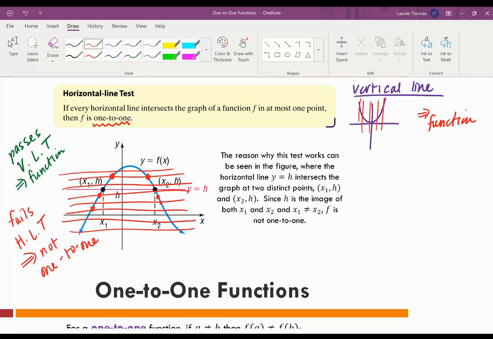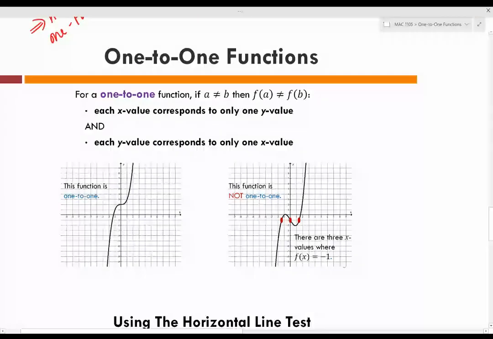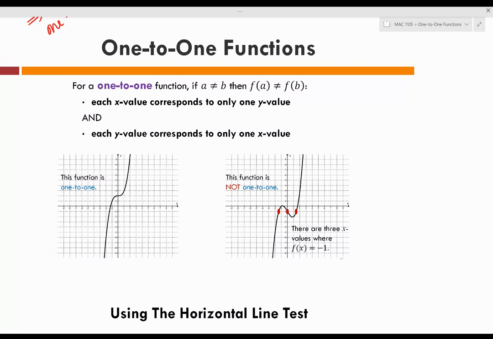So let's look at some more examples. Remember, by our definition of one-to-one, one-to-one means that every x value corresponds to only one y value, and each y value corresponds to only one x value. If we look at this first curve, this picture on the left, if we wanted to know if this was a function, it would have to pass the vertical line test.